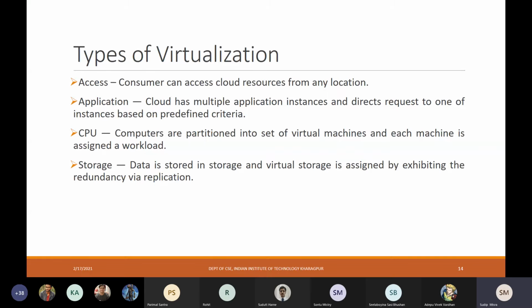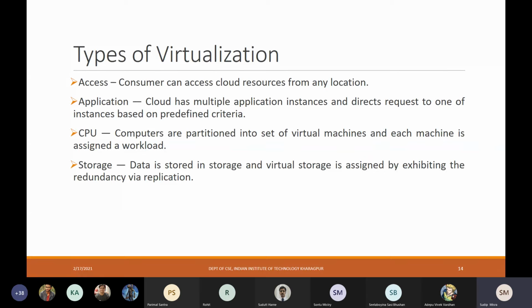Let us try to understand some of these different types of virtualization mentioned on this slide. Access virtualization means that consumers can access the cloud resources from any location. The resources are fixed somewhere, but from anywhere in the world they can be accessed.